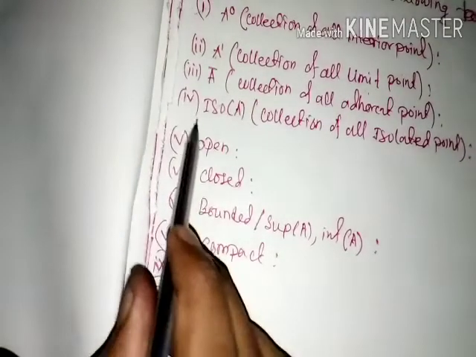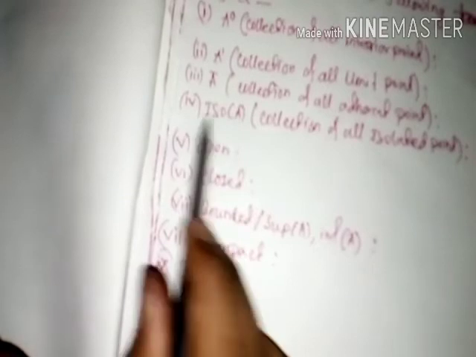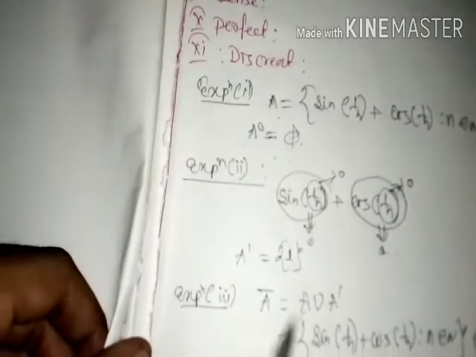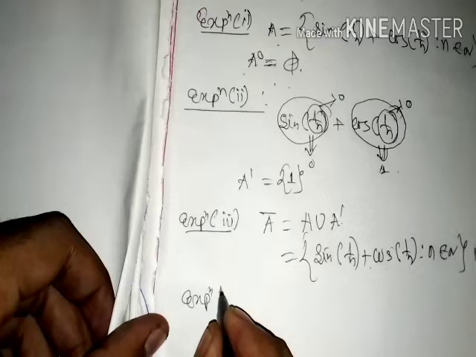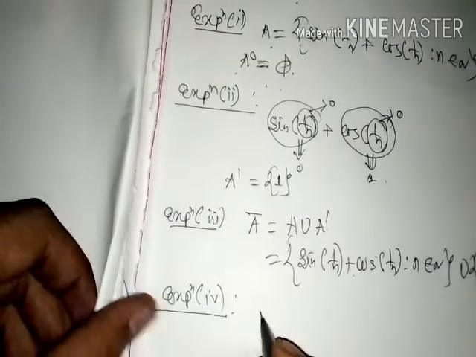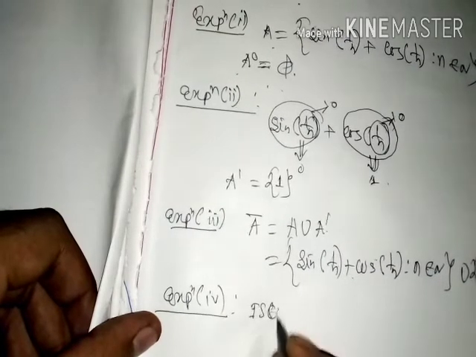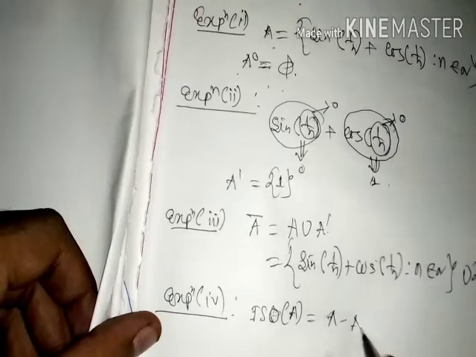Next we find Iso of A. Iso of A denotes the collection of all isolated points of A. Explanation of option 4. Already we know Iso of A equals A minus A dash.